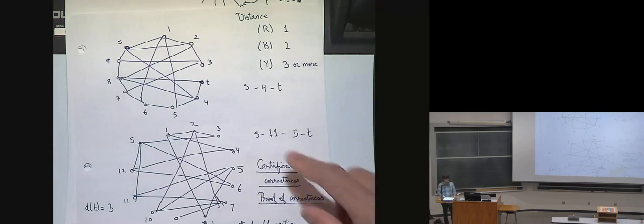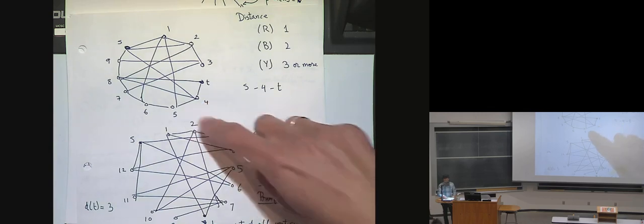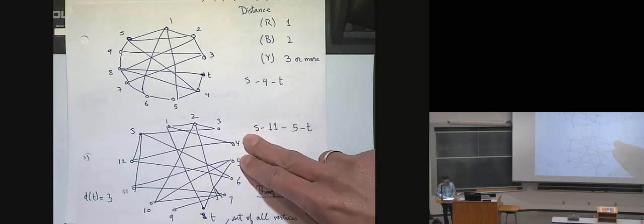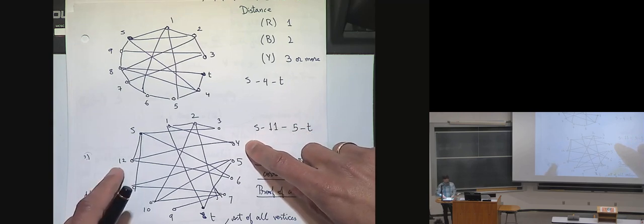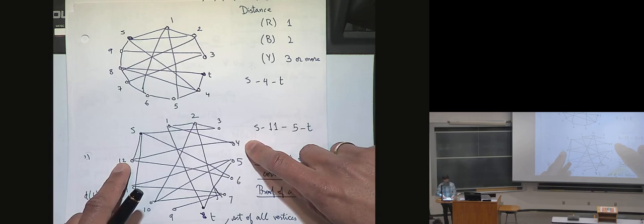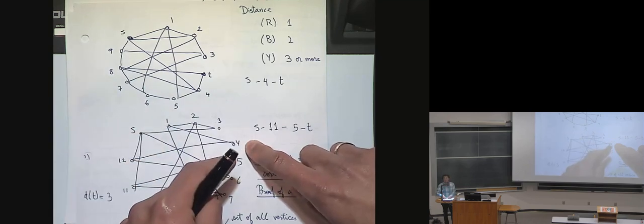Let's say we want to find a path from 5 to 4. We can start from 5, then go to 1, 2. Yeah, because this is breadth first. You will go 4 to 1 to T to 5.